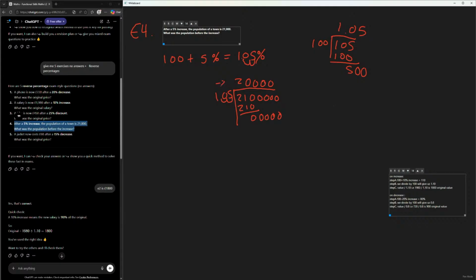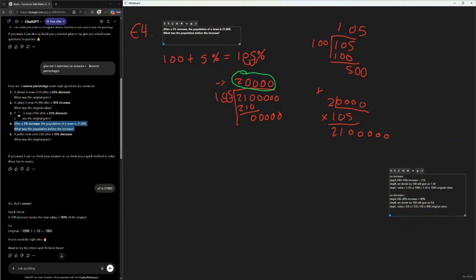And just to make sure, 20,000 times 105, we go 5 2 is 10, 0 10, 2 0 0, then 1 1 2 2 2, and then we bring down 1 2 3 4. So 7 digits, so it is correct. So this one is the new value.